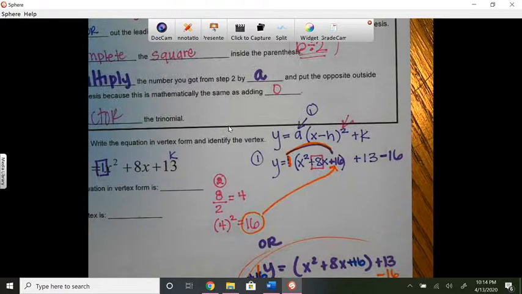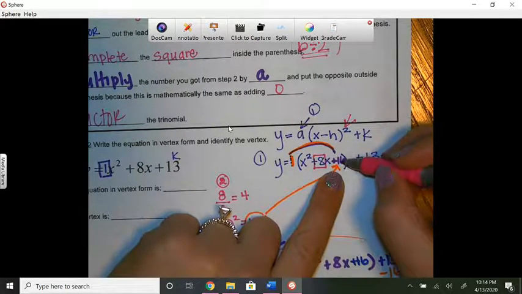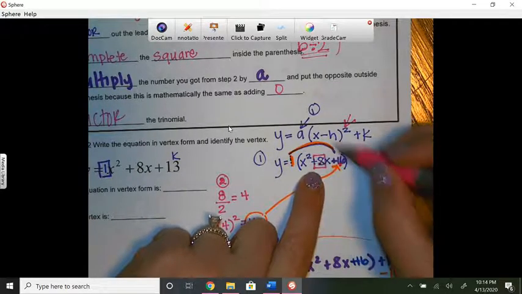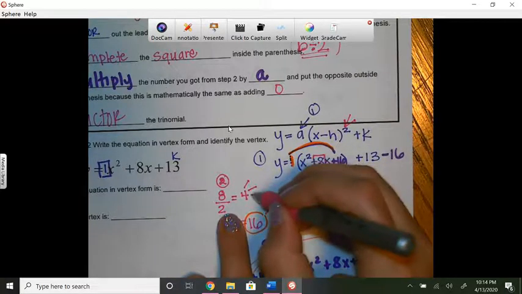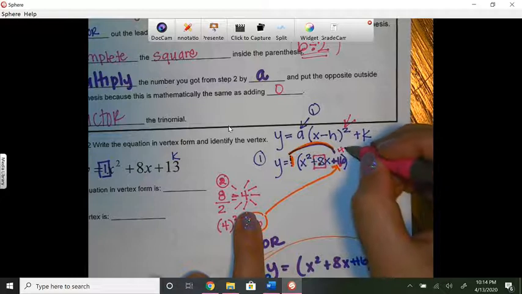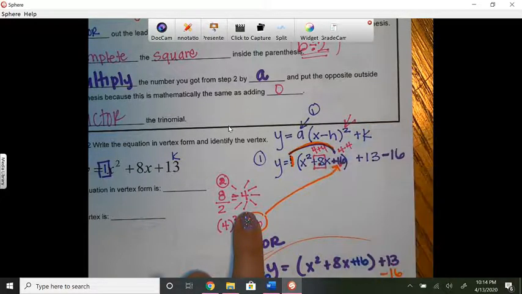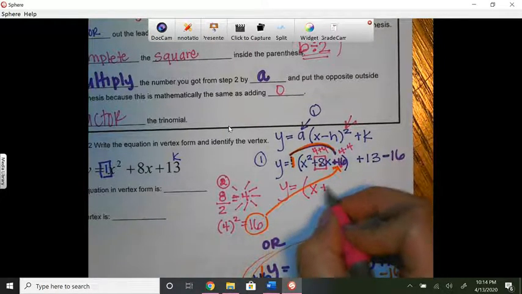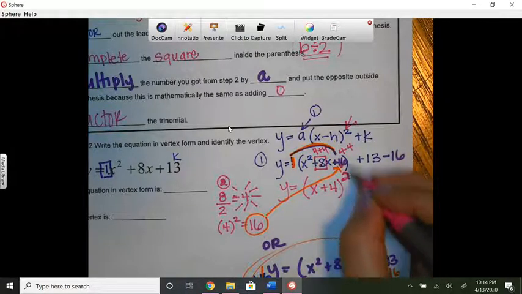So why did we do this? Because now you can factor this. What multiplies to 16 and adds to 8? That should not be hard or take you a long time because it should always be right here. This number right here should multiply to 16 and add to 8. So that means we can write this like this: x plus 4 to the second power, since there's two of them.